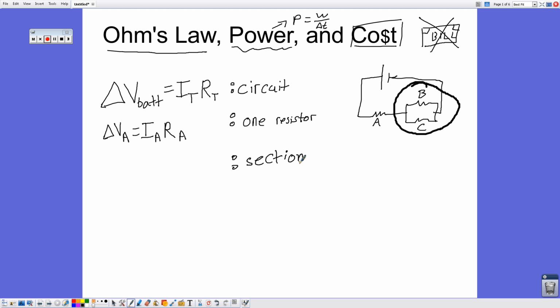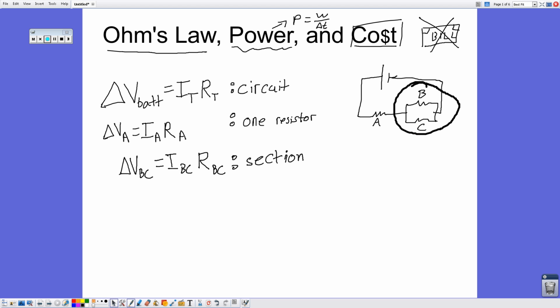It can deal with the entire circuit, it can deal with just one resistor, or it can deal with an entire section of my circuit. It doesn't matter. The voltage used by whatever it is going to be equal to the current in whatever it is times the resistance of whatever it is. So that's really cool and helpful.